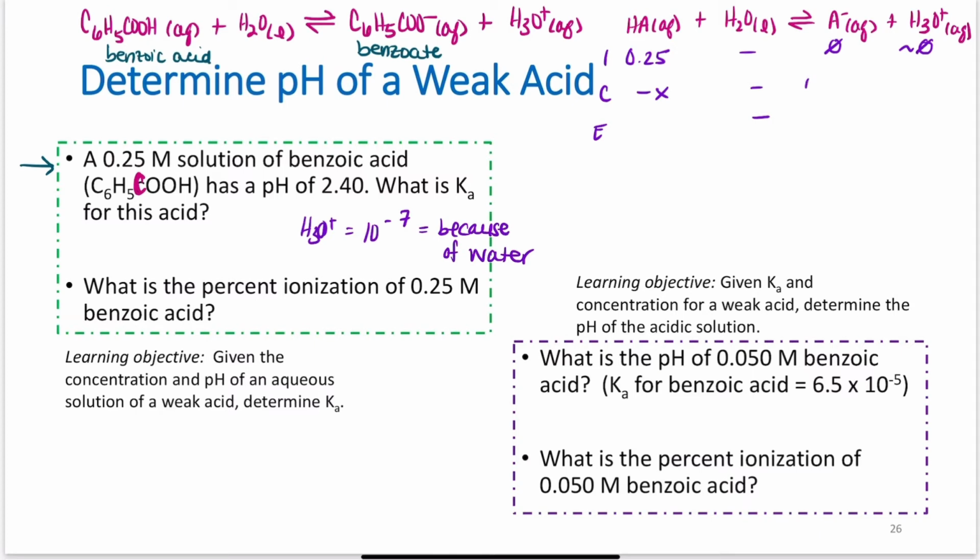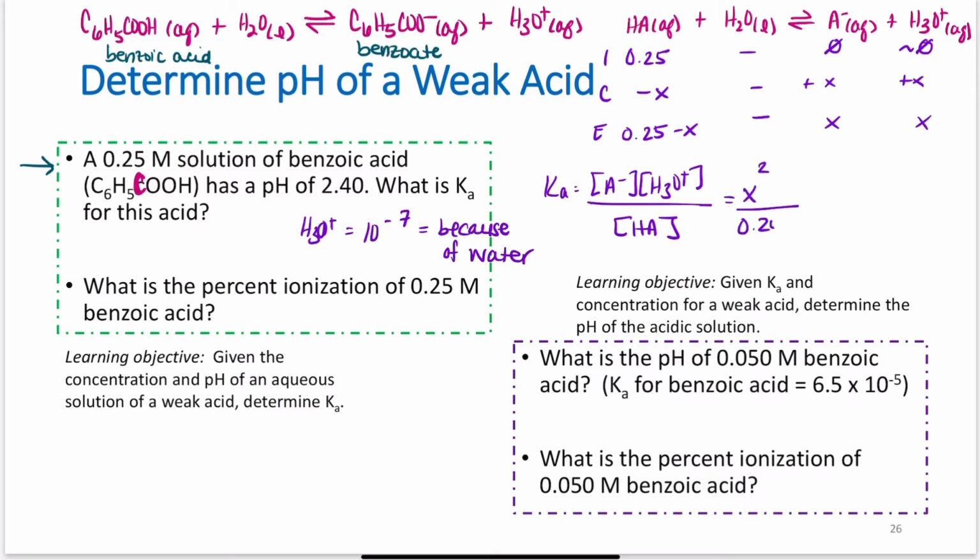Change, minus x plus x plus x, and at equilibrium I have 0.25 minus x, x, and x. Set up my Ka expression. Ka is equal to A minus times H3O plus over HA. Plug in what we know. Well, I've got x squared divided by 0.25 minus x.